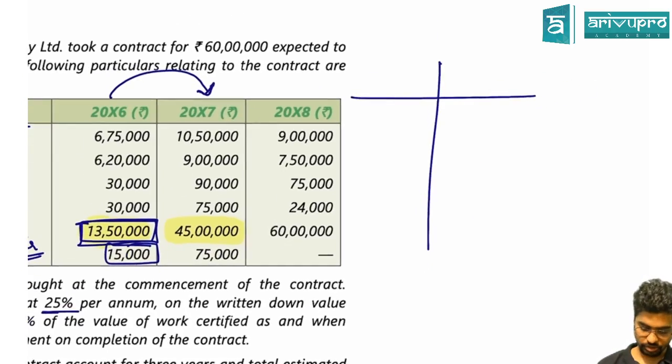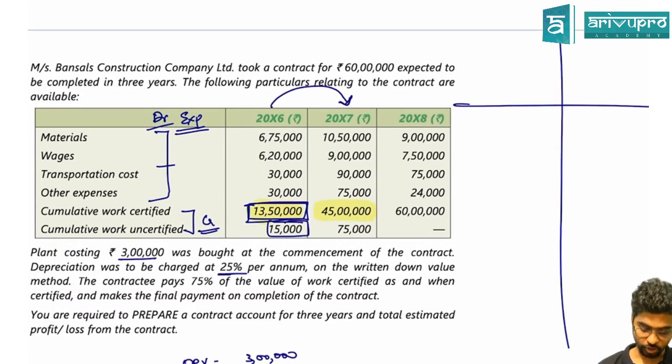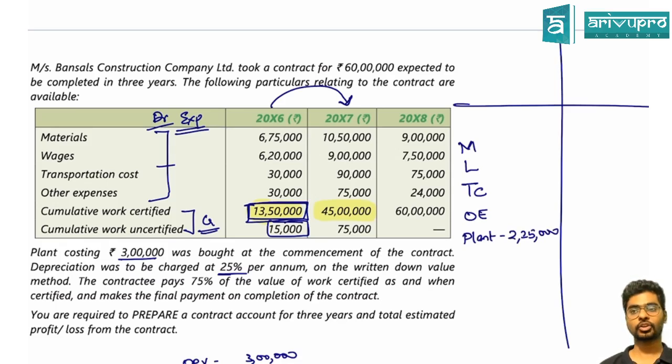Okay, generally what do I write? For 6 marks, what small thing do you have to write here? I'll write material, labor, transportation cost, other expenses, plant at 2,25,000. Yes or no? Material will be 9 lakh 90,000, 75,000.